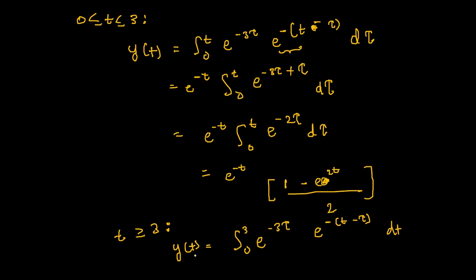So regardless of what value of t you take above 3, the limits will always be the same. The integration is similar to the previous one, just that the limits will be different. So I hope you can integrate that.